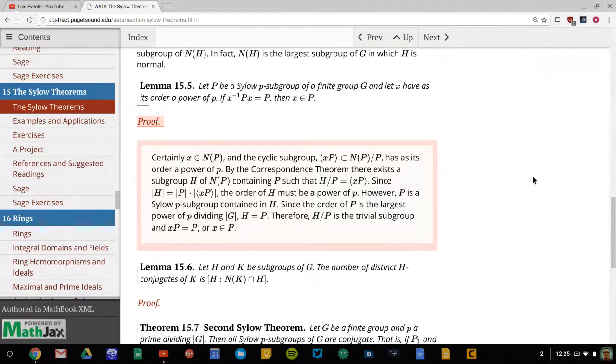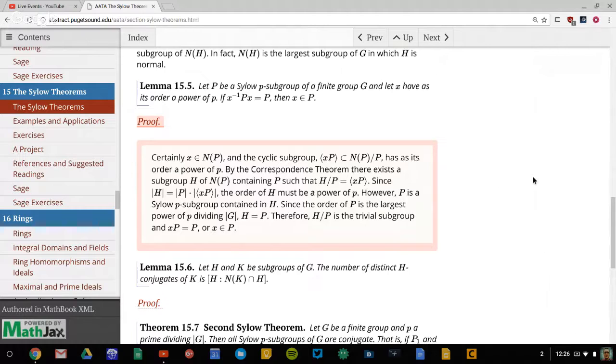And there's quite a lot going on here. X has order a power of P. So when you form this quotient group and look at the element corresponding to little x, that would be a coset of P. Those are what the elements of the quotient group are. Remember, when we discussed factor groups and the homomorphism from the original group to one of its factor groups, the order of an element in the factor group must be a divisor of the order of the element originally.